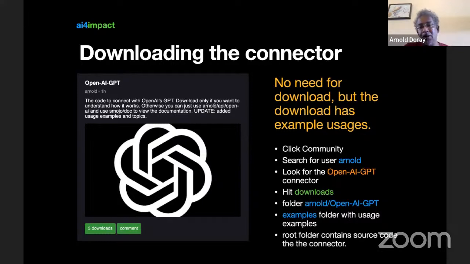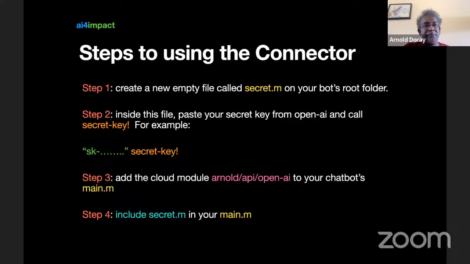I didn't mean to put in everything all at once, but let's go through it step by step. There are a few steps. The first step, after you've gotten your secret key and so on, is to go to your C101 or whatever chatbot you want to add this GPT intelligence to.